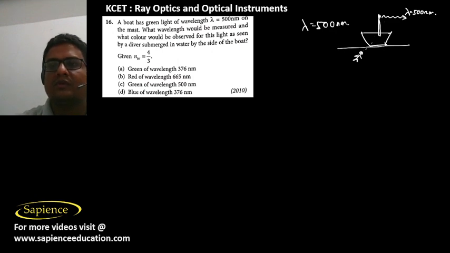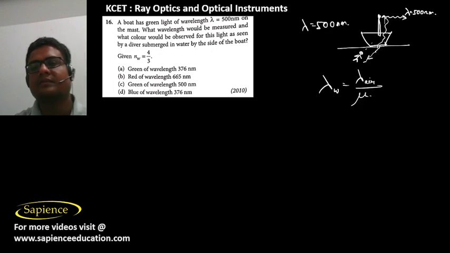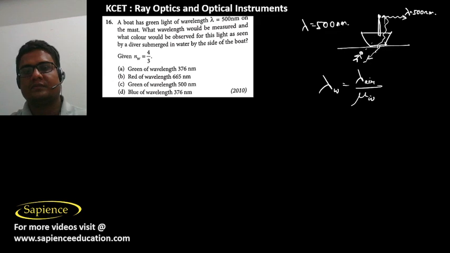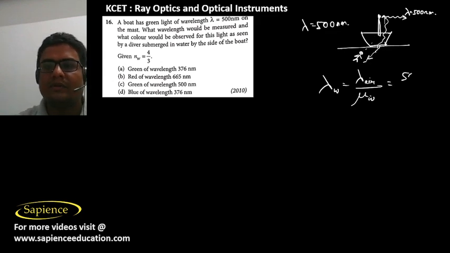This light will come into the water and then he will observe the shifted wavelength. So the wavelength of the light in the water will be equal to the wavelength in the air divided by the refractive index of the water. So that will be 500 nanometer divided by 4 by 3.